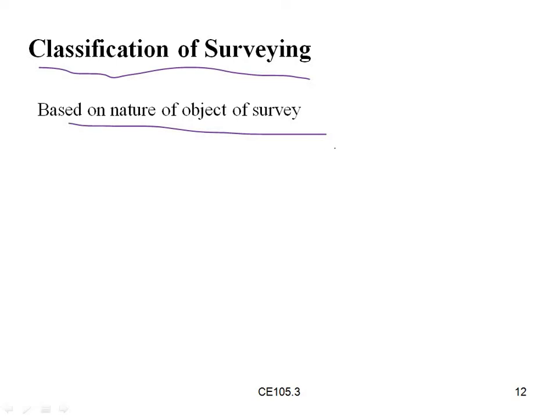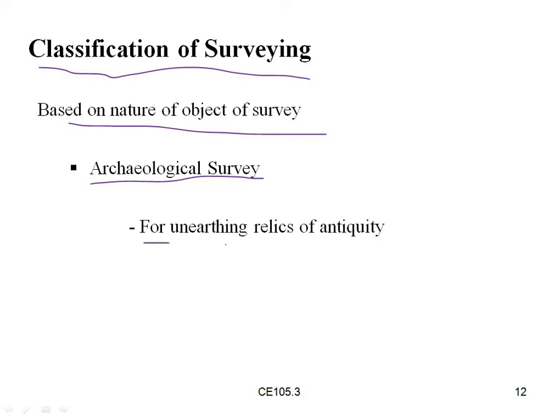On the field, on the atmosphere we are going to survey. The first one is archaeological survey. This is for unearthing relics of antiquity. That means in the archaeological survey, we look at what is on the surfaces. That is unearthing relics of antiquity.